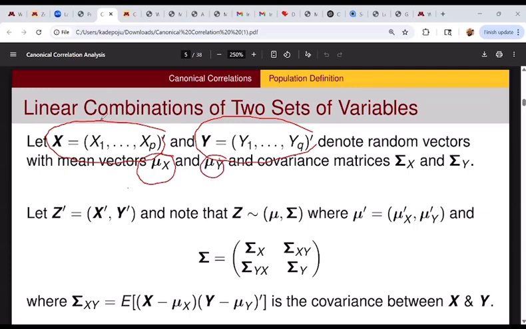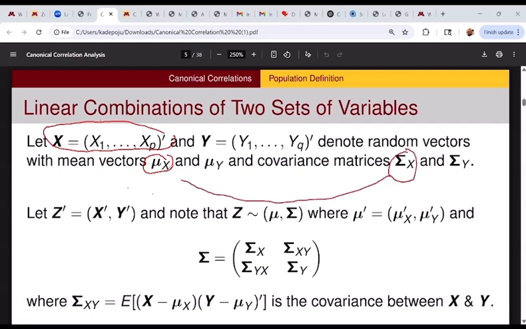If I'm focusing on one set of variables, there we're going to have two parameters associated with that set of variables: the mean and the covariance structure.